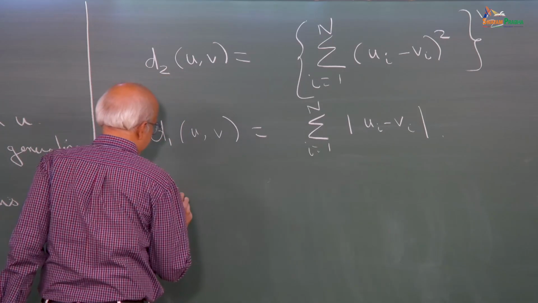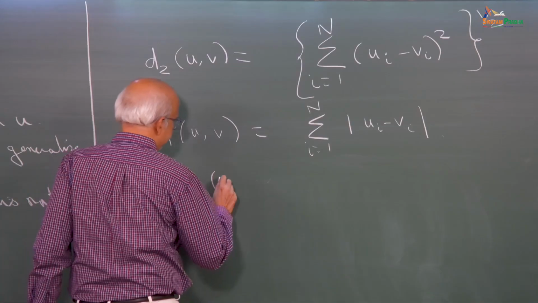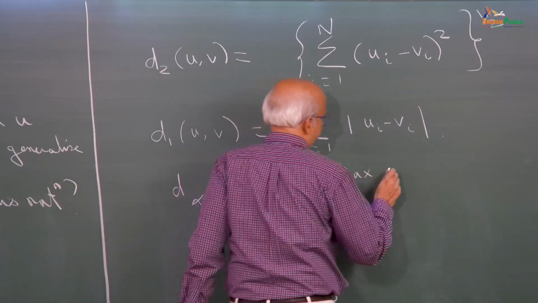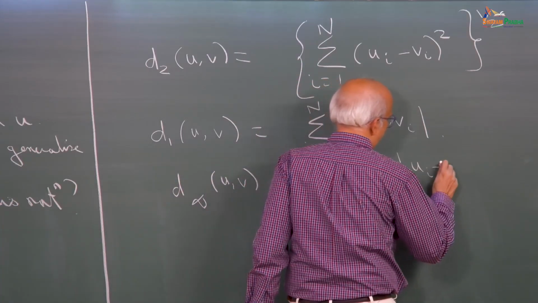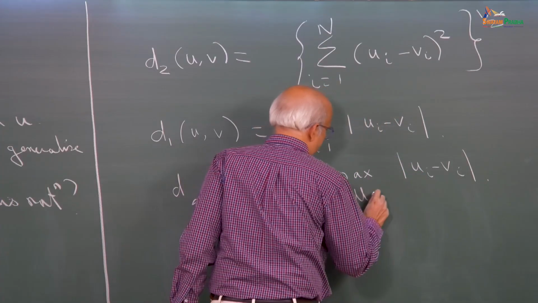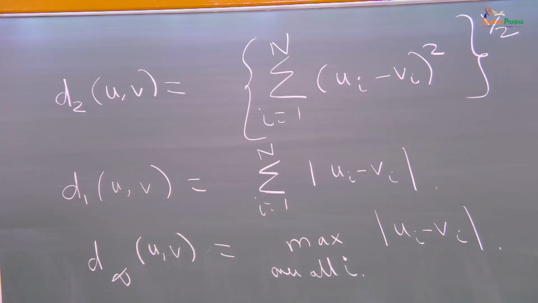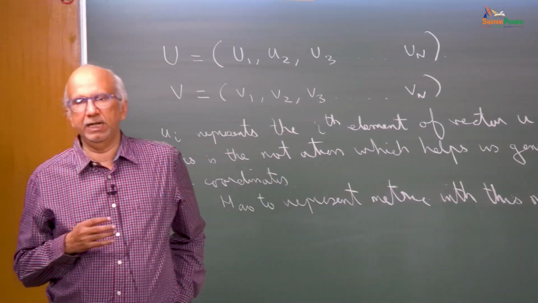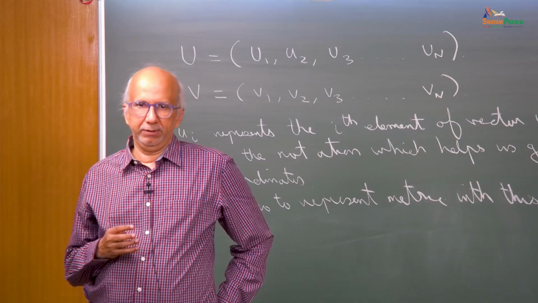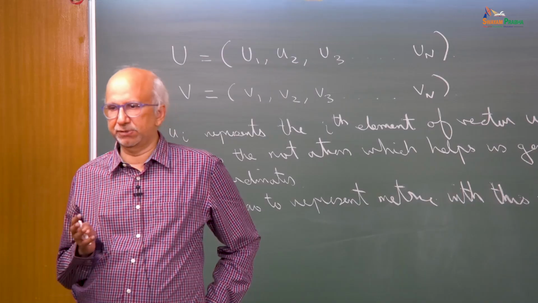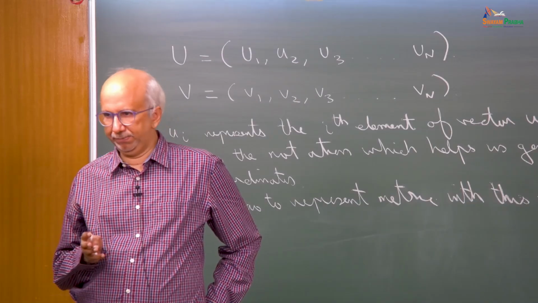And there is a third definition, which is this, which is the maximum of ui minus vi over all I. So, these are basically three different definitions of metric, okay, and these satisfy the axioms that I wrote down yesterday, okay.